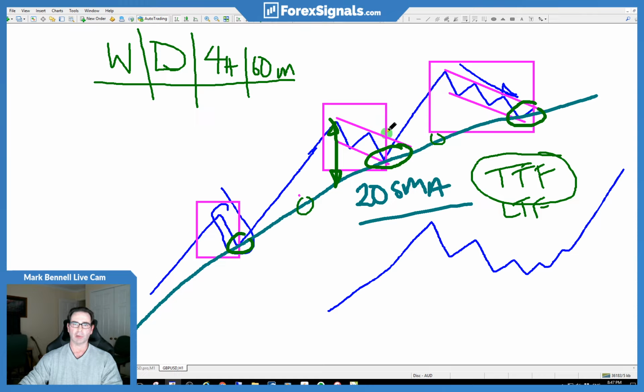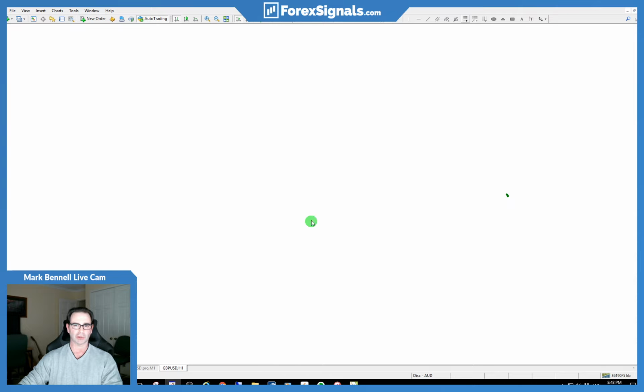So now we understand what most of these pullbacks look like. Now, there are different types, of course, of the pullback, but the one that we're going to deal with the most is the ABC. Okay, ABC. So this is a multi-leg pullback, and part of the reason why this is so effective is because of classic Dow theory traders.